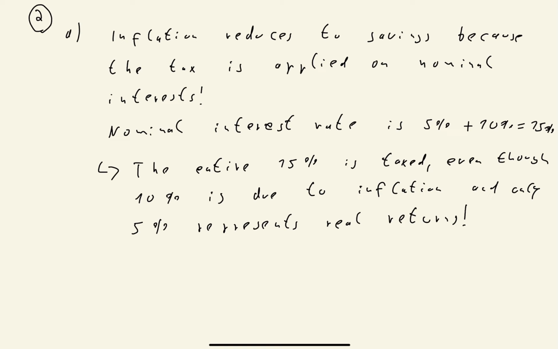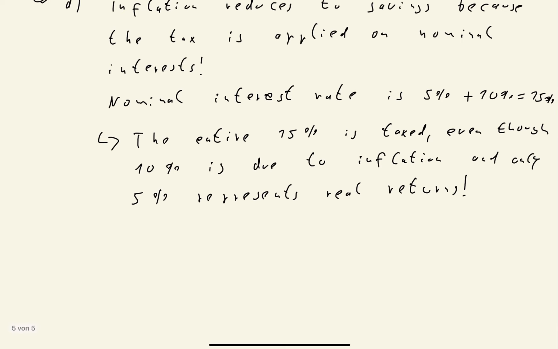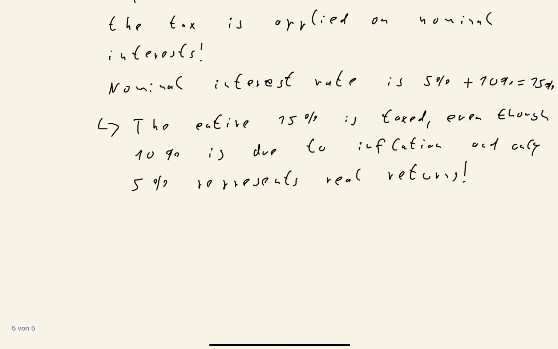So from the $150 that you're really taking to the next period or the next year, $100 are eaten up due to higher prices. And then your real interest, what you really are saving, the real return of your saving, is only $50, but you still have to pay taxes on the $150 rather than the $50 if the taxes are applied on nominal interest rates rather than on real interest rates.